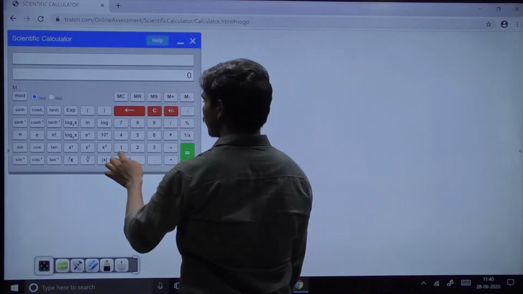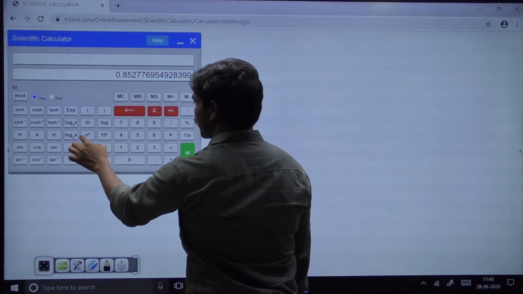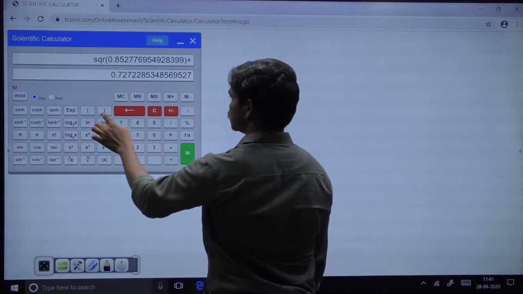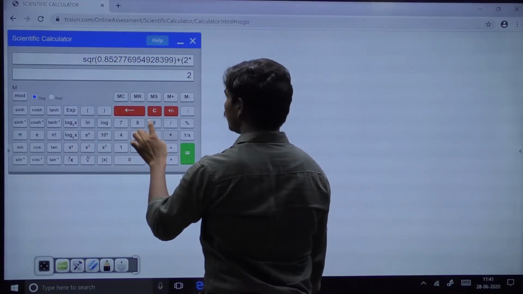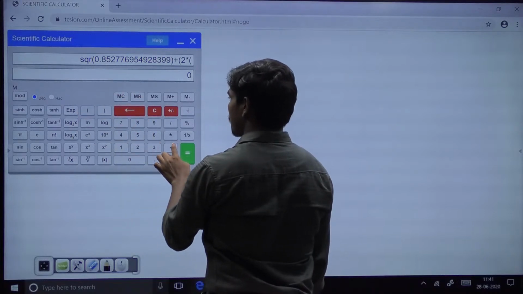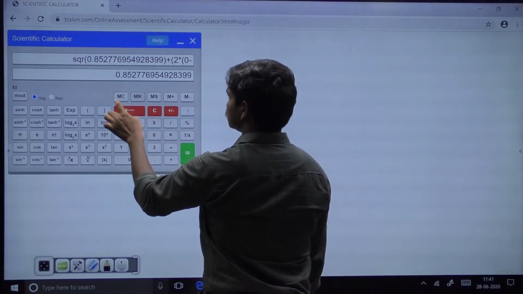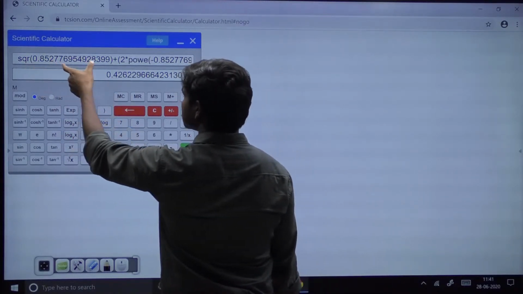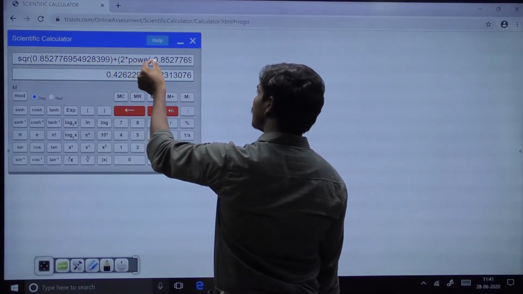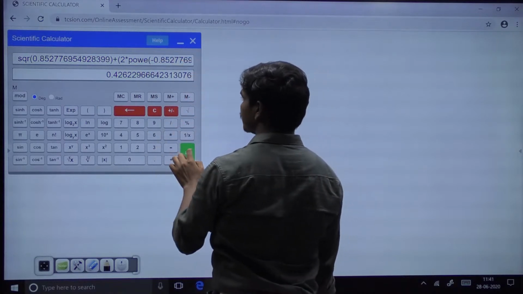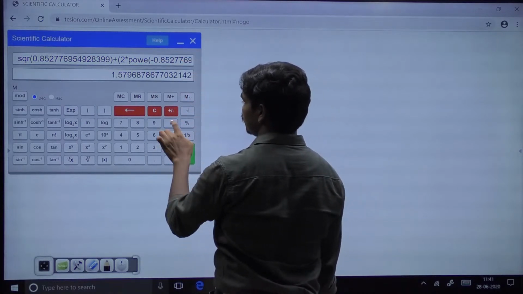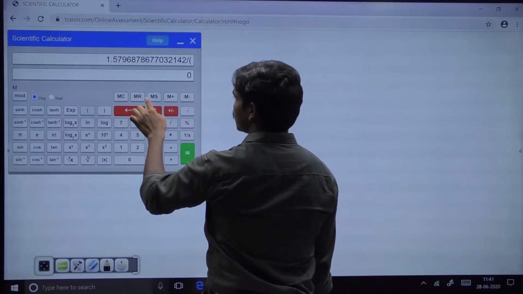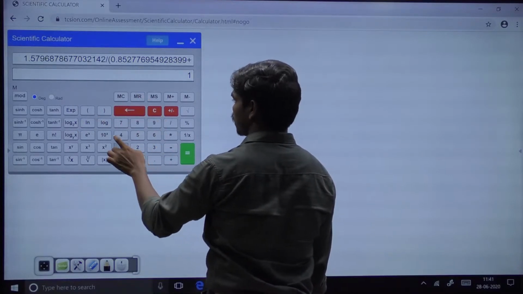So now you want this square plus 2 times e power minus this value. This is the value divided by memory recall plus 1.